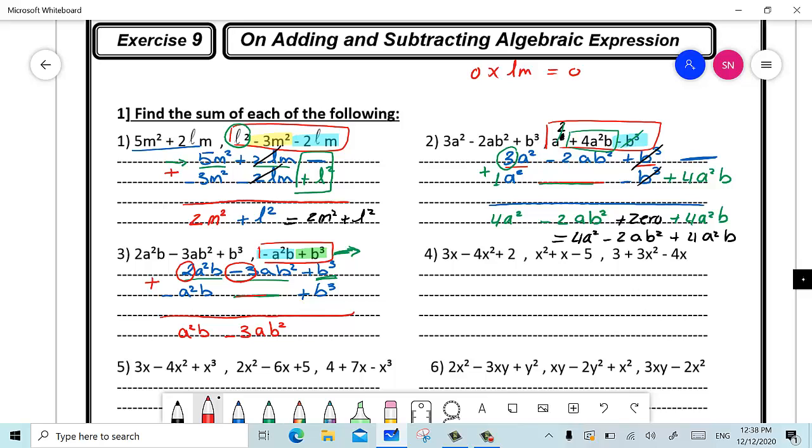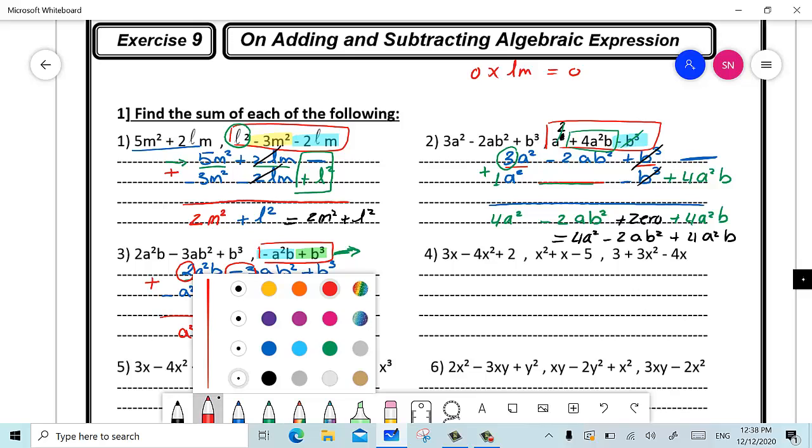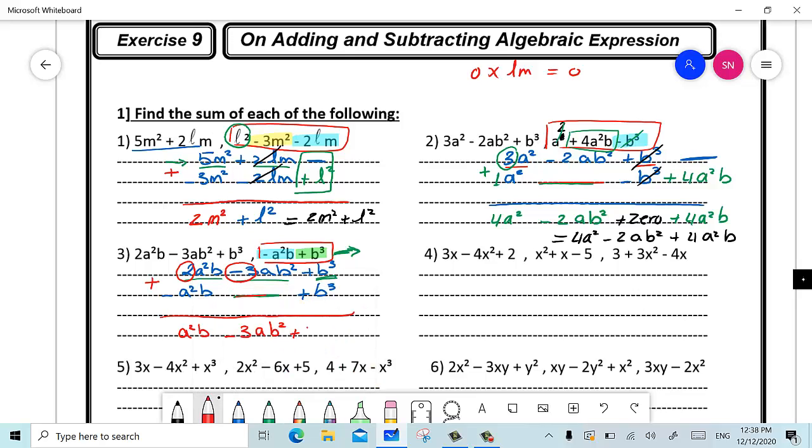So b here has a coefficient of 1, and b here also has a coefficient of 1. So 1 plus 1 is equal to 2. So my coefficient here is 2, and the variable is as it is, b to the power of 3. I hope it's clear now, prep 1. And let's go now and see more examples in question number 4.